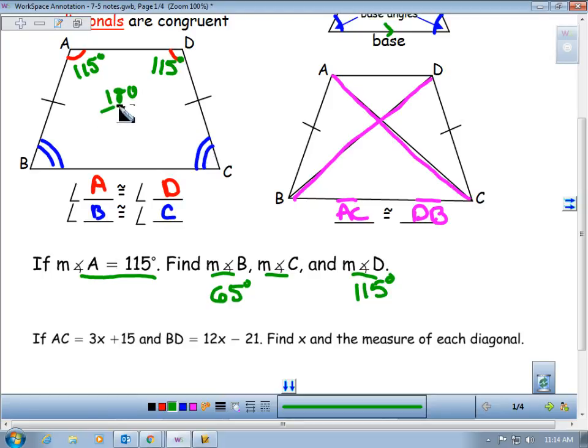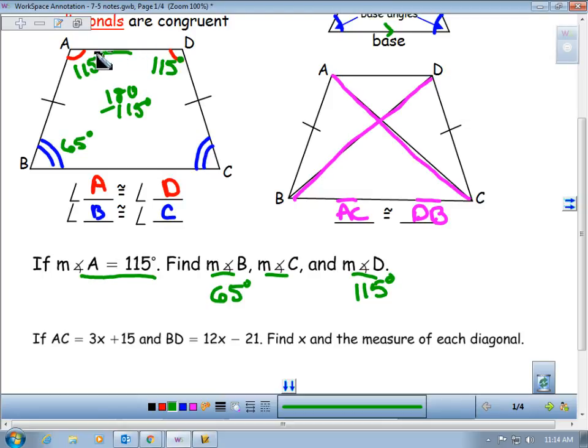Because 180 is a flat line, and those two make a flat line. Angle B and angle A make a flat line? Yeah, if you add their angles together, they do. That may be the case, but I'm not sure that's a great explanation for what's going on here. What's maybe a better explanation for what's going on here?